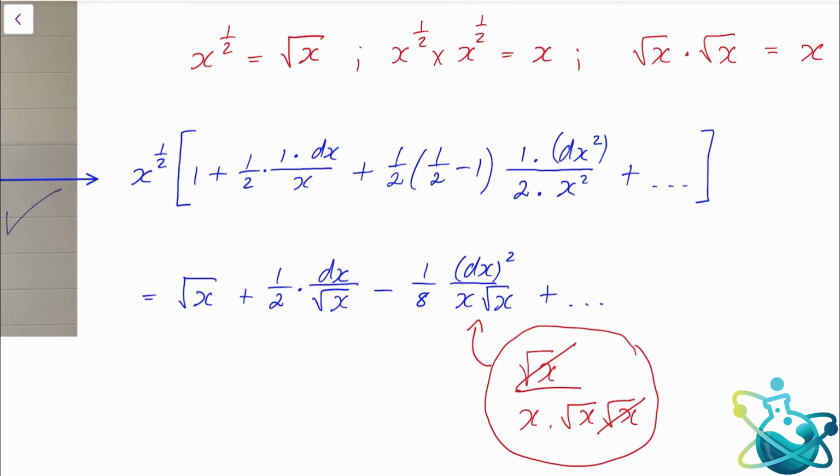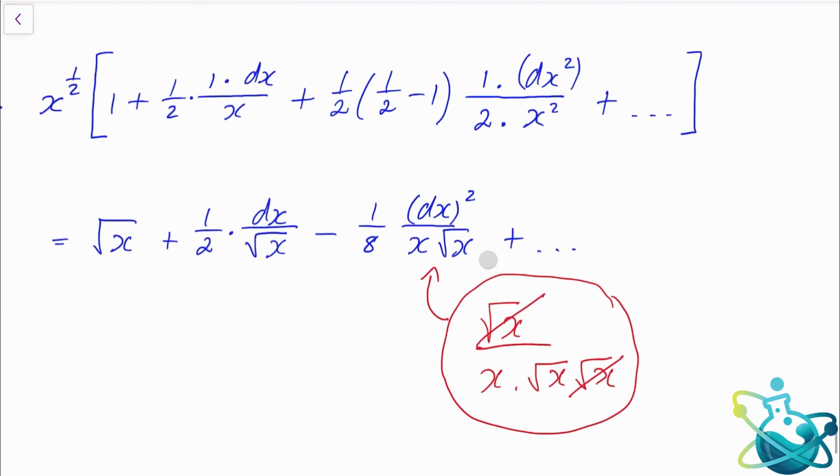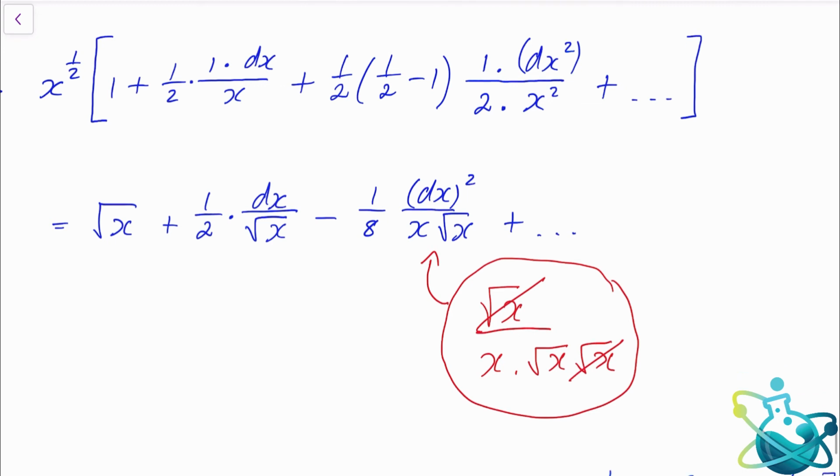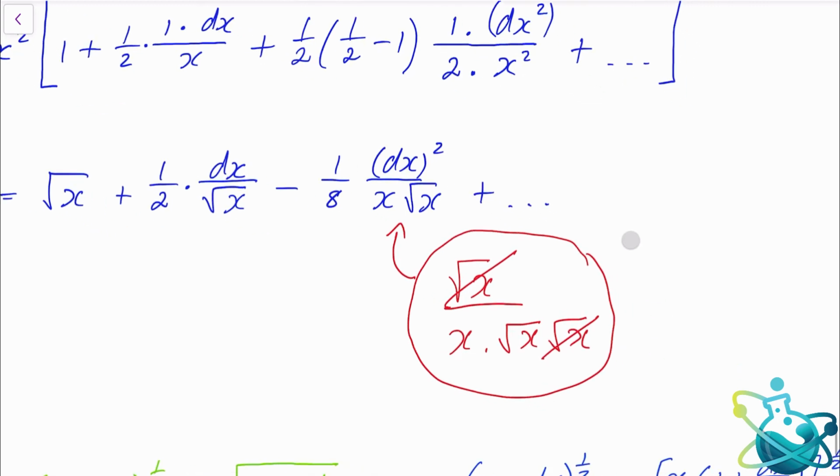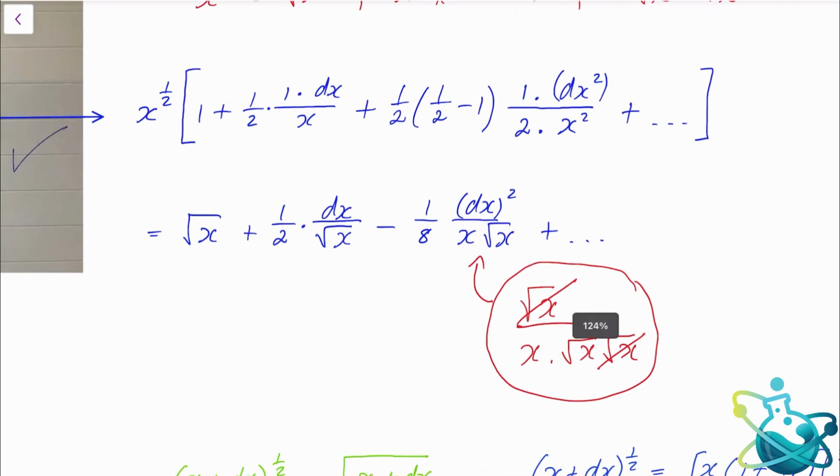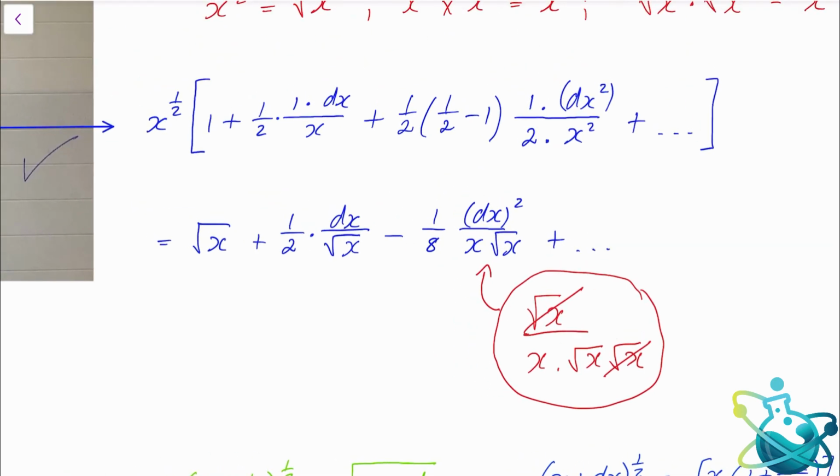Then you multiply it with that, it becomes x to the power half minus half, and you bring it below the line, it becomes x to the power half, which is this one here. Okay, and guys, like this here, like I've showed you in the red. All right, and this is how you get this third term here.